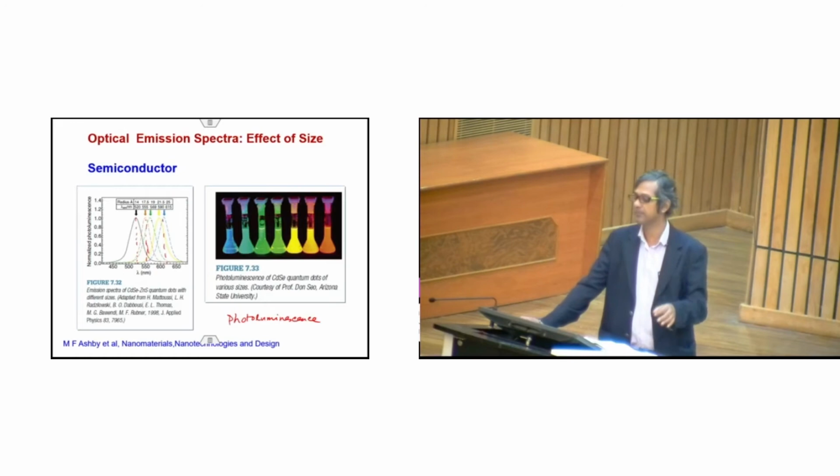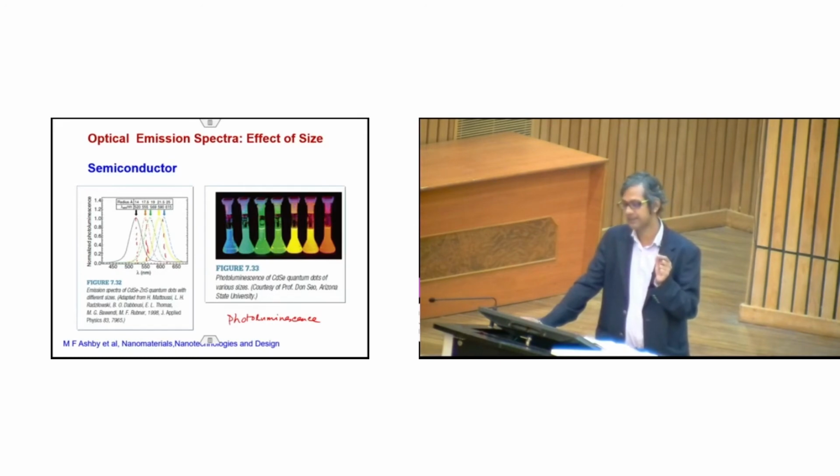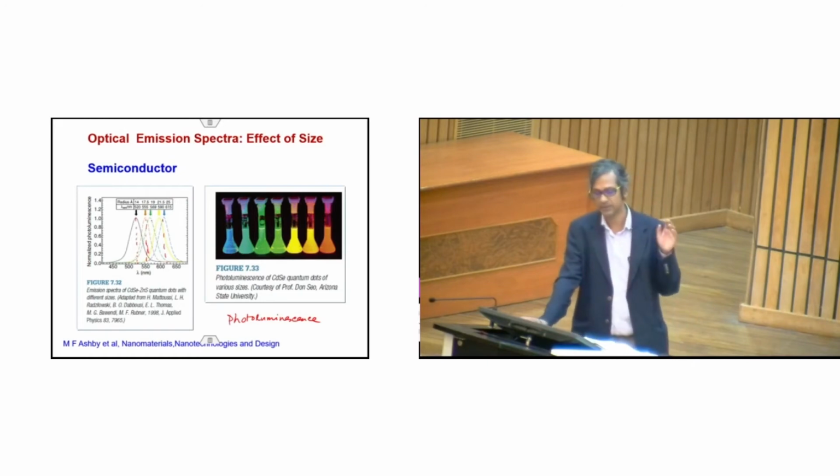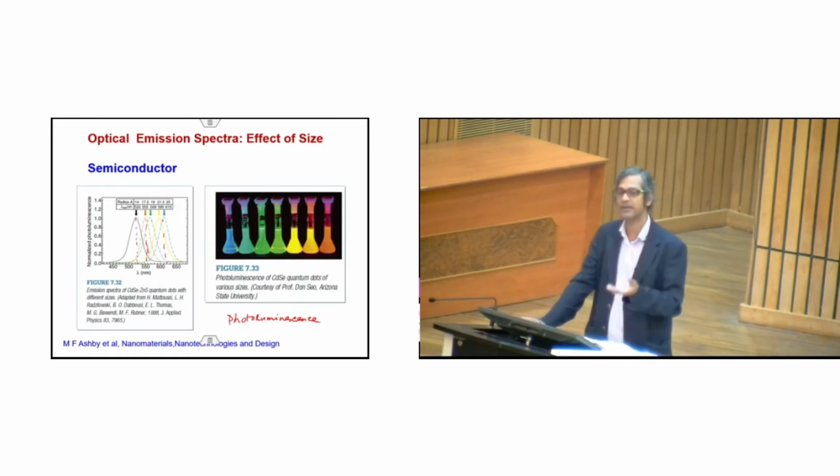That is what is done by Professor Don Seo from Arizona State University. He and his group have taken very narrow size distributed nanoparticles of cadmium selenide quantum dots, and once they irradiate them with some kind of radiation, these nanoparticles show optical emission.